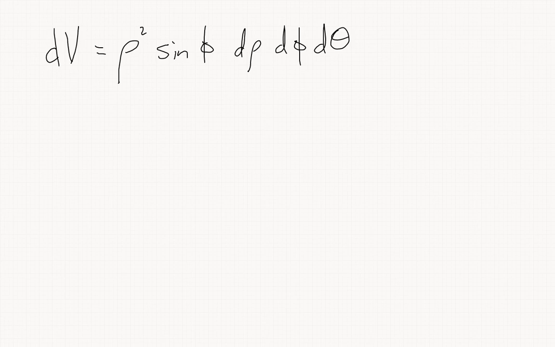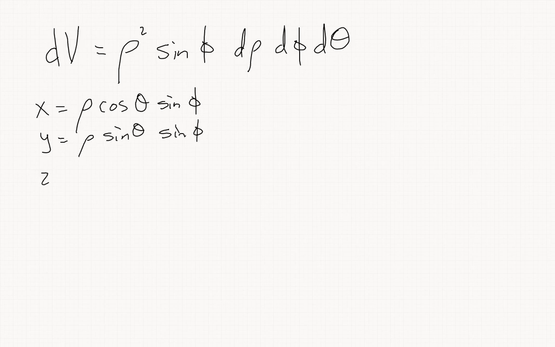So Cartesian coordinates in terms of spherical are x equals rho cos theta sine phi, y equals rho sine theta sine phi, and z equals rho cos phi.